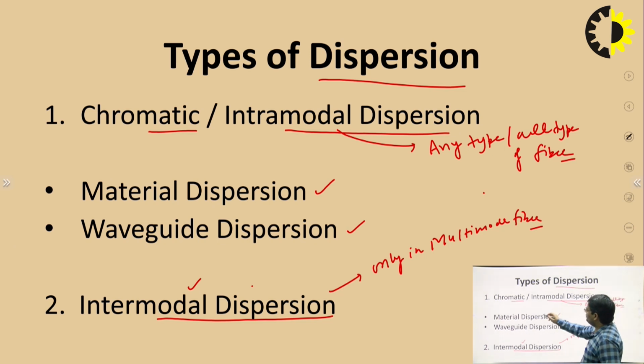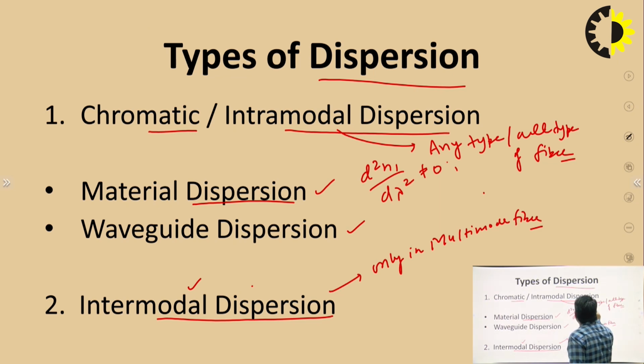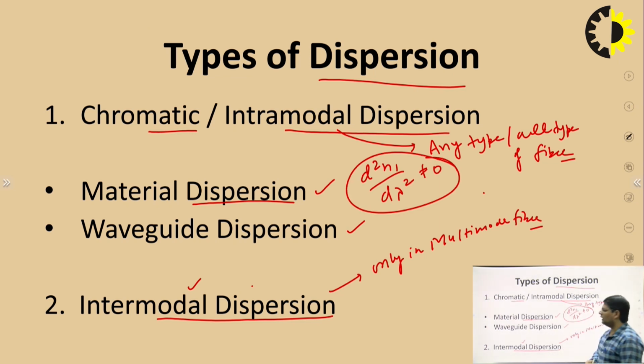Material dispersion is basically intramodal dispersion occurring due to material characteristics, or we can say that the condition d square n1 by d lambda square is non-zero due to the material of the fiber. Here n is the refractive index of the material.